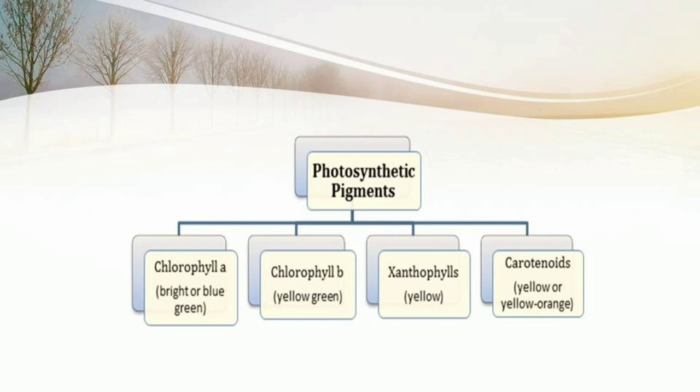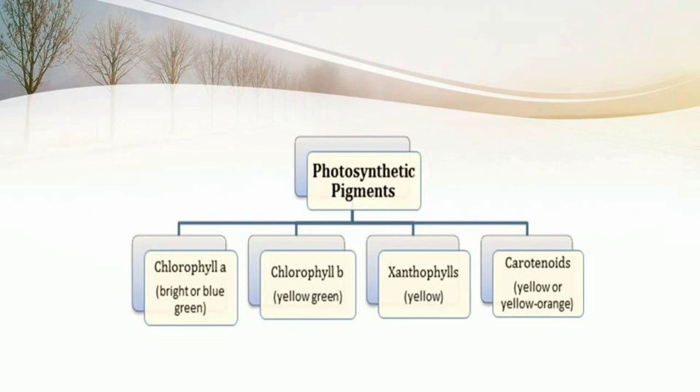That's why when you see a carrot, it is yellowish orange, and those yellow leaves are due to the presence of xanthophylls. So different types of pigments: chlorophyll A, chlorophyll B, xanthophylls, and carotenoids.